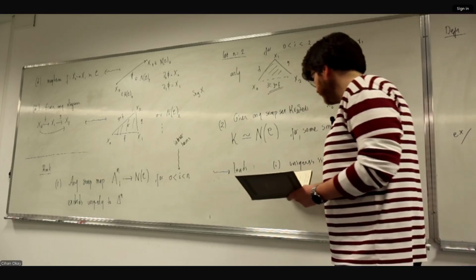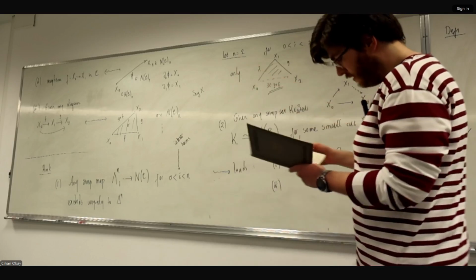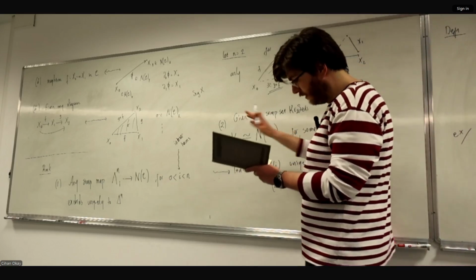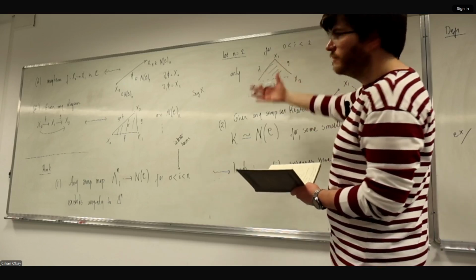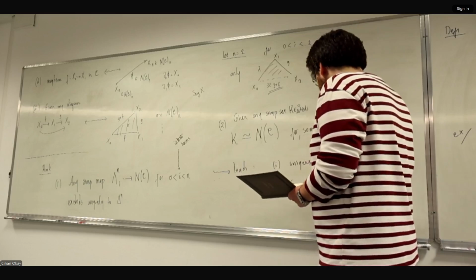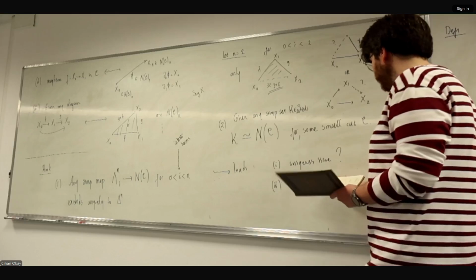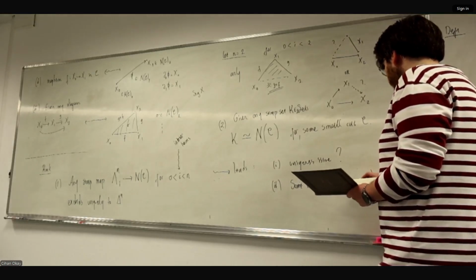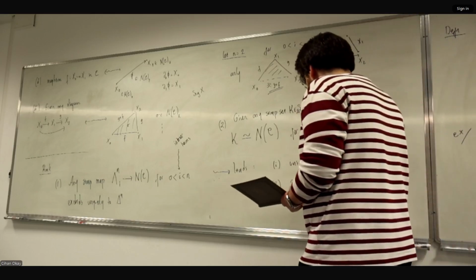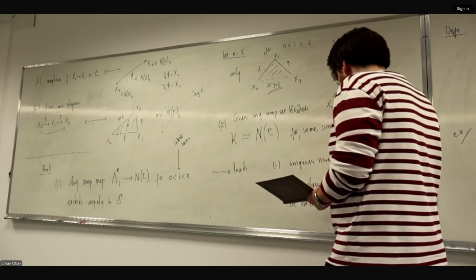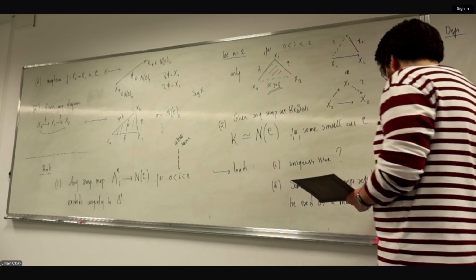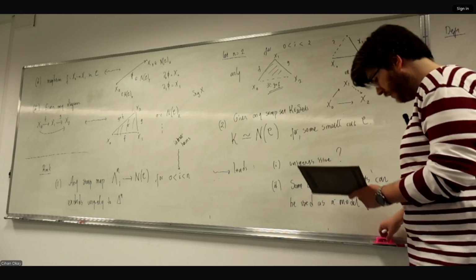And the second thing is, this essentially tells us that some class of simplicial sets can be used as a model for infinity categories. Okay, so let's see how.